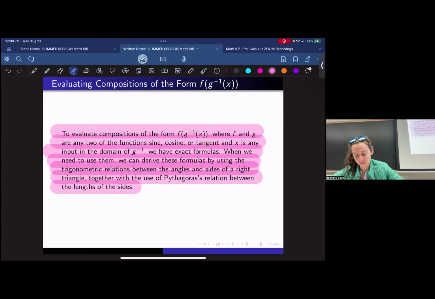Inverse, yeah. We have exact formulas. When we need to use them, we can derive these formulas by using the trigonometric relations between the angles of the sides of a right triangle, together with the use of Pythagoras' relation between the lengths and sides. Yeah, good. Awesome. So it's just looking at our trigonometric functions from both the inverse and the regular perspective and composing them.